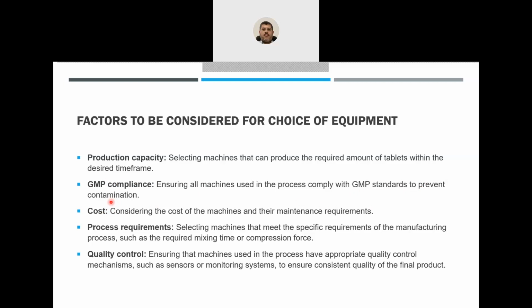So the manufacturer will probably produce the same machine, but with different standards that suit the user. They will produce GMP compliant machines for the pharmaceutical industry. They may produce non-GMP compliant machines for other industries. So be sure that your machine is GMP compliant.